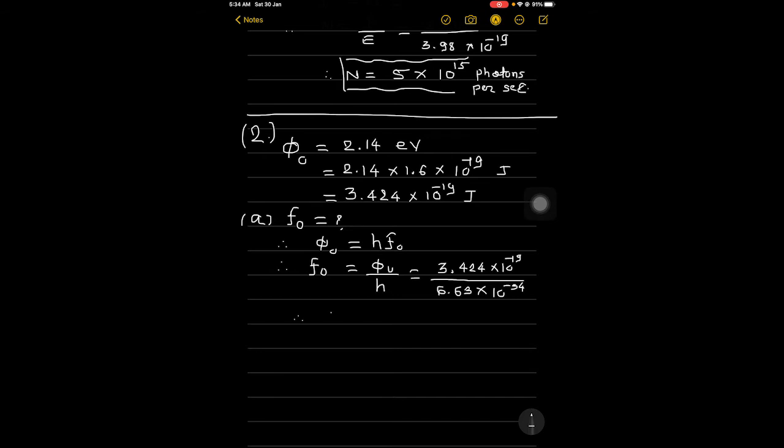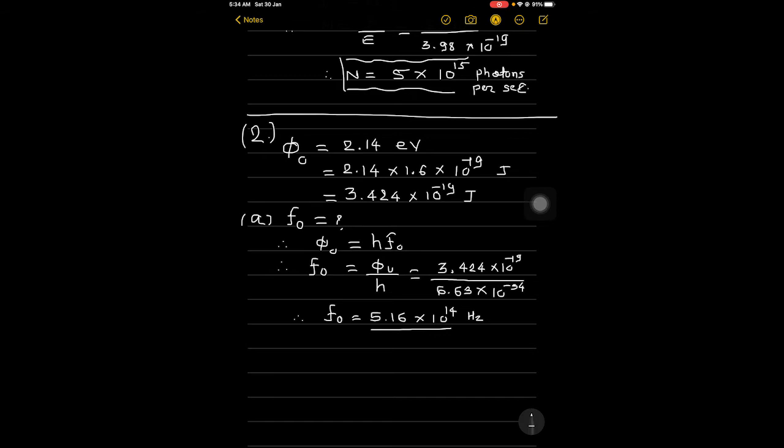So ultimately F0 will be 5.16 into 10 to the power 14 hertz or second inverse. So this is the value of threshold frequency.